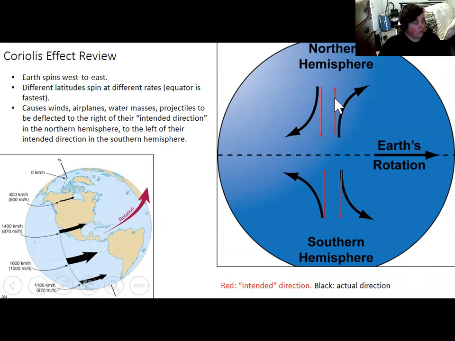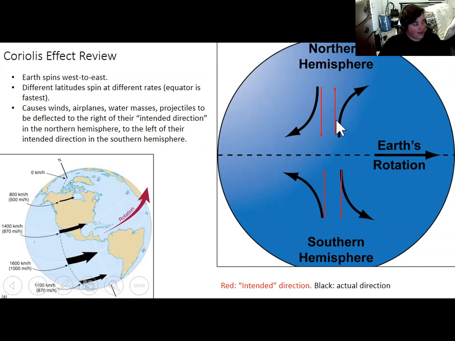The red lines are what the pilot thinks their route should be, or what their route would be if there were no rotation from the Earth. The black lines represent where they actually end up if they don't take the Coriolis effect into account and if there's no other factors like wind blowing them in a different direction. So what's happening is that you are spinning faster at the equator than you would be if you were standing at this latitude.